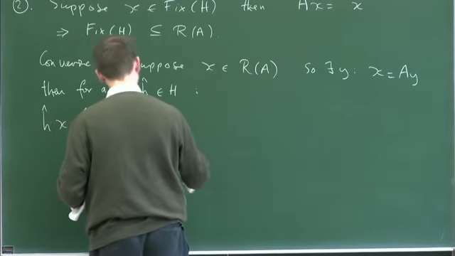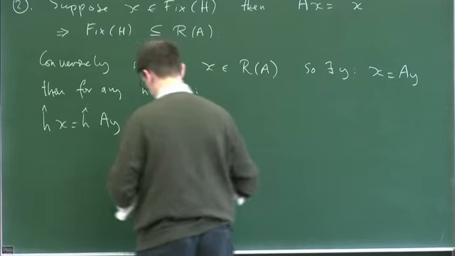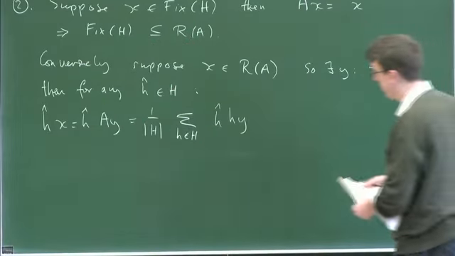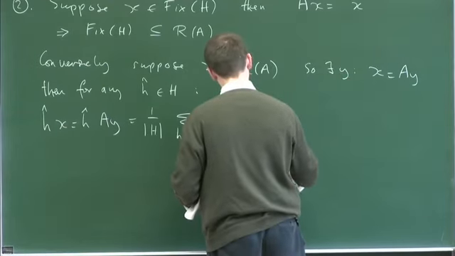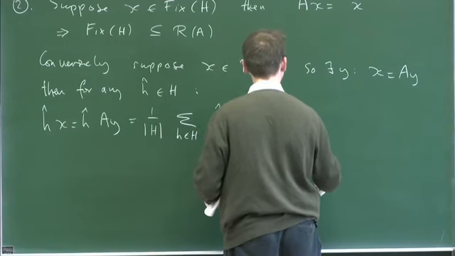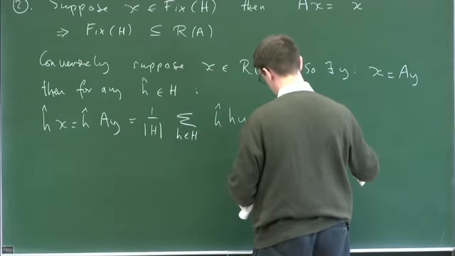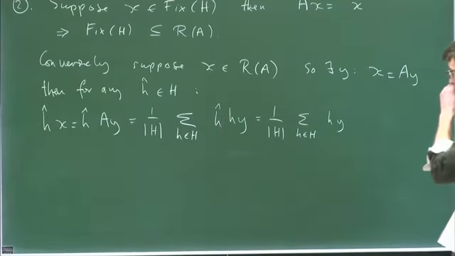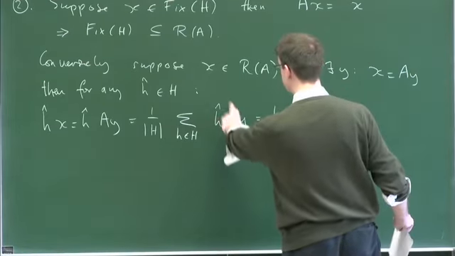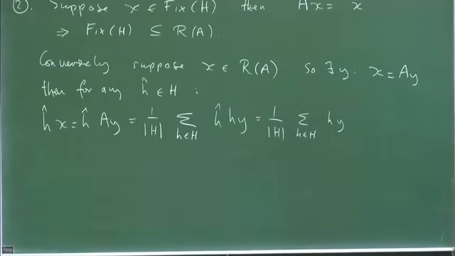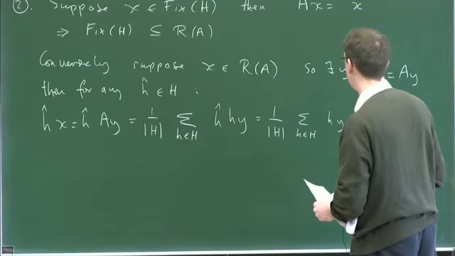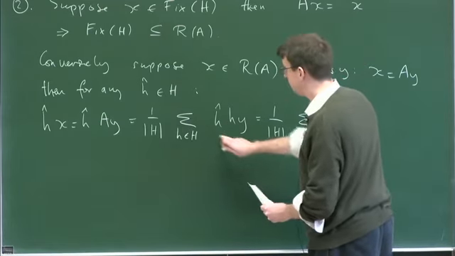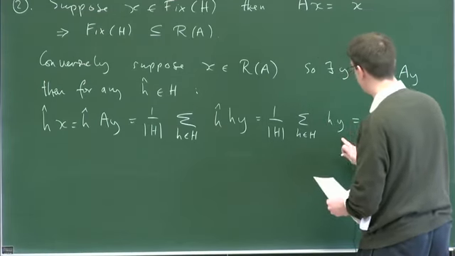So that's 1 over mod H times the sum of h's of h hat hy, just putting in the definition of A. So that's 1 over mod H times the sum of hy, because for any fixed h hat, this is just a relabeling of the elements of the subgroup H. So I've got something here that is just Ay again.